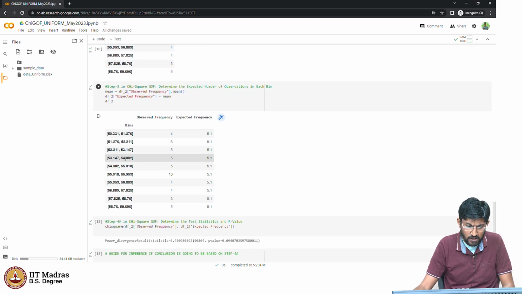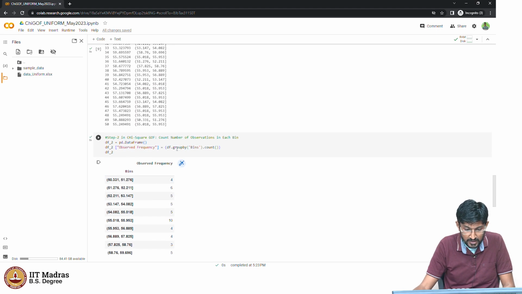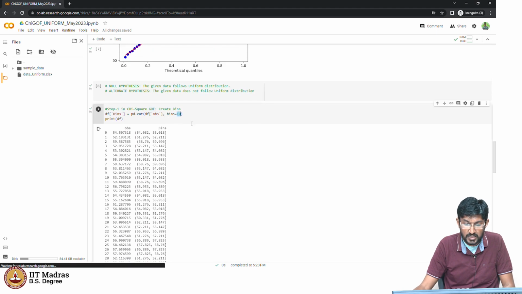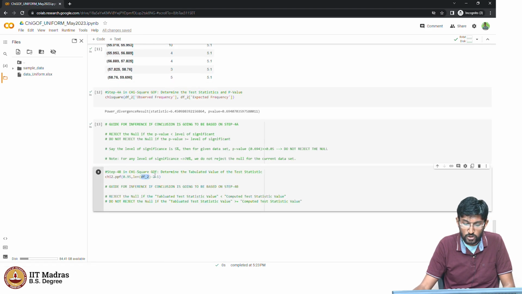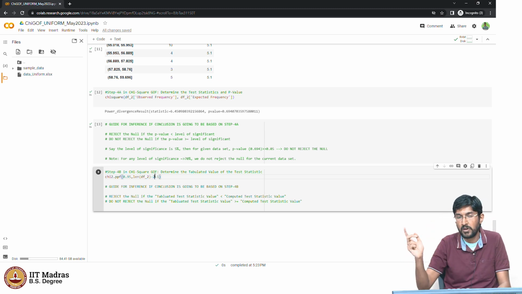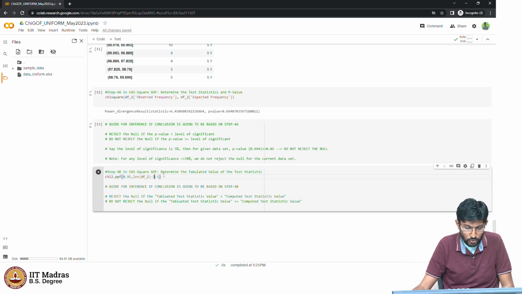Since I am splitting this into 10 bins, it is 10 minus 2, since for a uniform distribution I need two parameters, the lower value and the upper value. So 10 minus 2 minus 1, that is 7 degrees of freedom at a confidence level of 95%.